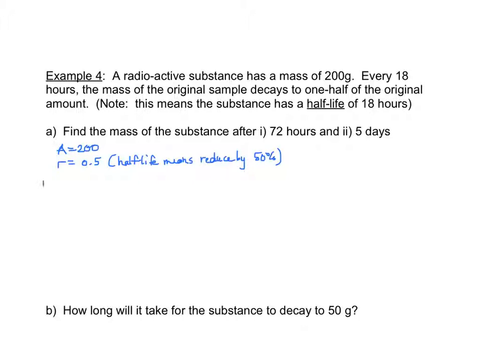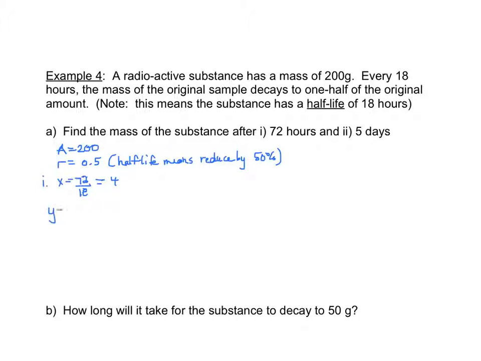So in the first part, 72 hours, remember we said this substance decays to 1/2 of its original amount every 18 hours. So if we do that for 72 hours, then that means it's reducing in half 4 times.